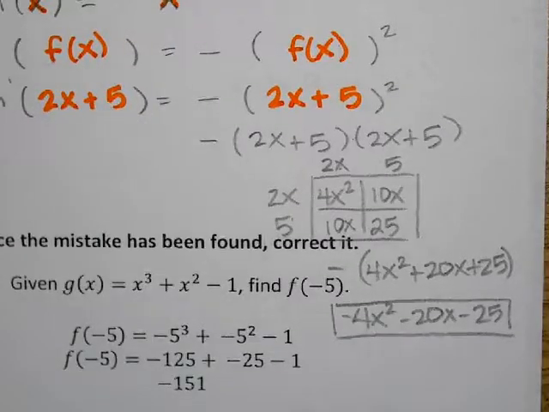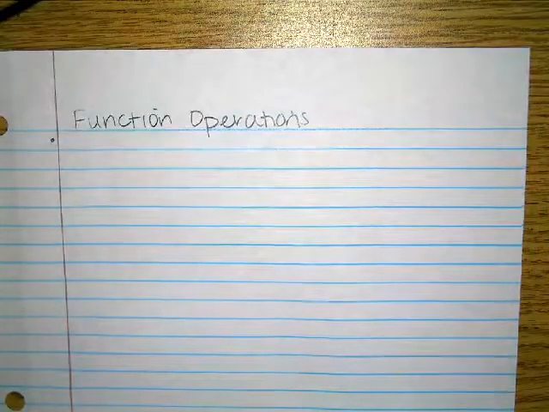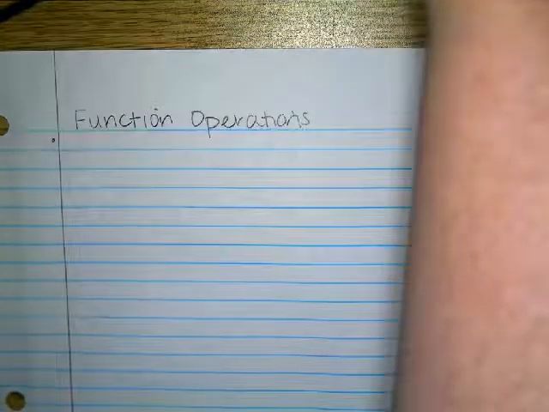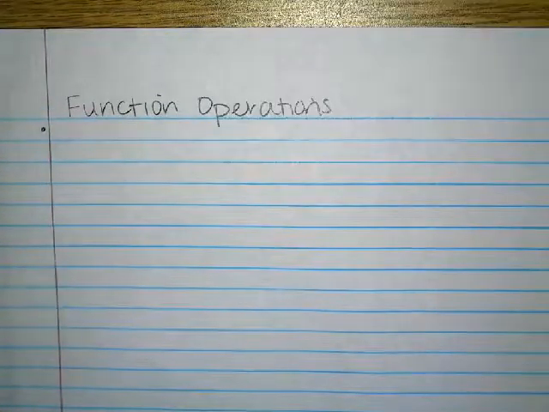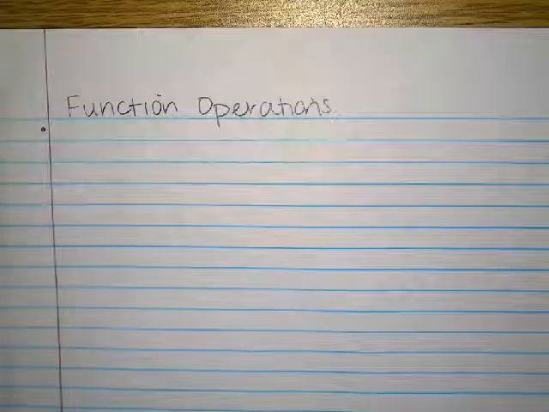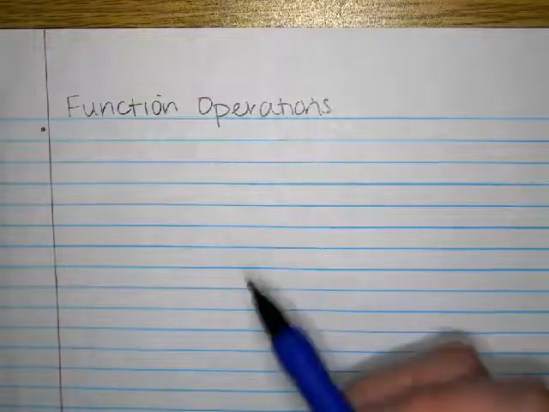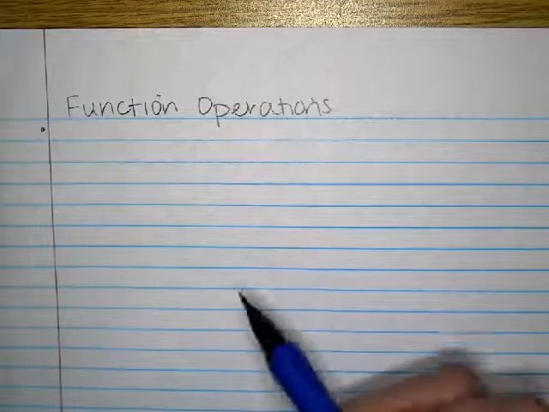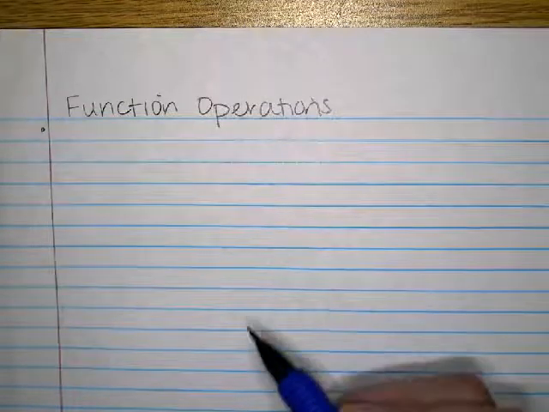The different operations that we have, you guys are familiar with these, even if you don't remember calling them operations. The different operations are like, please excuse my dear Aunt Sally. It's adding and subtracting and multiplying and dividing. Those are operations. So what we're going to talk about next is how you operate with functions.